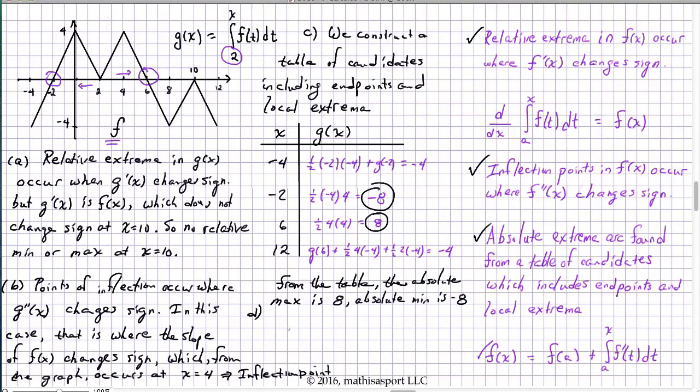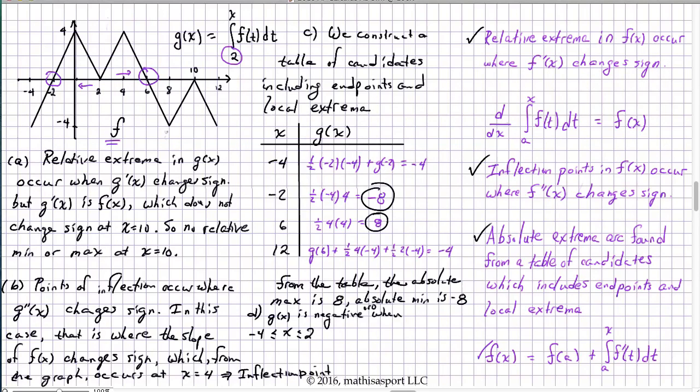So we can say g of x is negative, or 0 I guess, when x is anywhere from -4 up to 2.